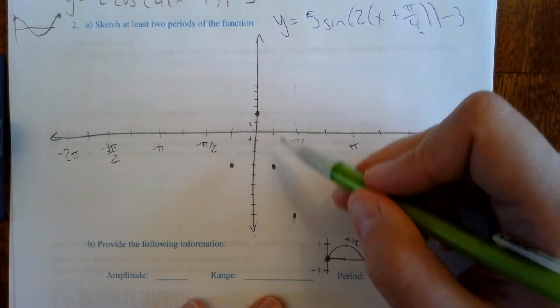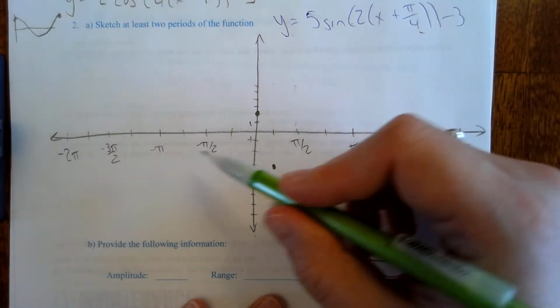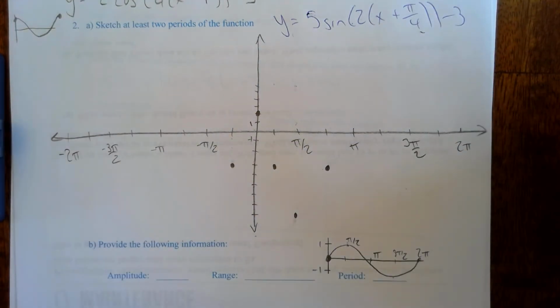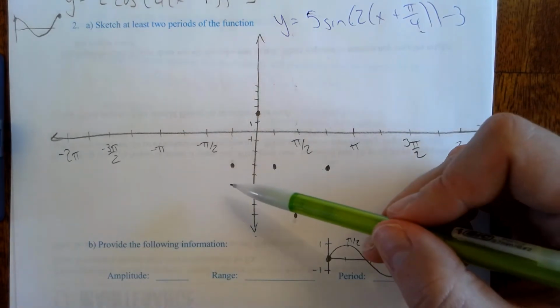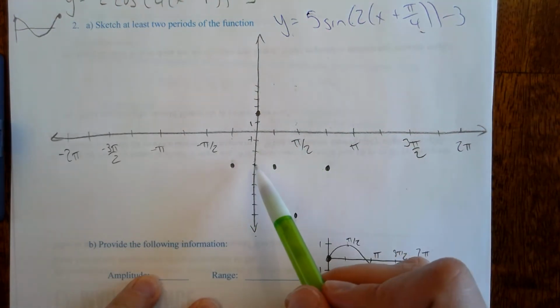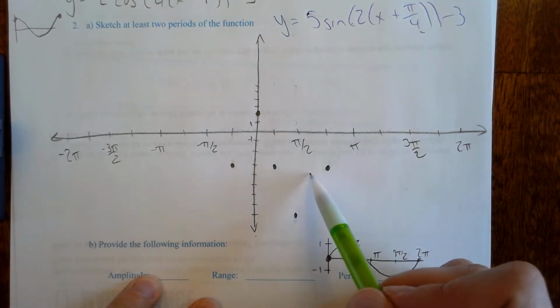Now we could do another one this way, or we could do another one that way. I'm not going to go through all the points because I can see the pattern right here. I'm just going to plot some more points on here. Notice they're all pi by 4 apart.